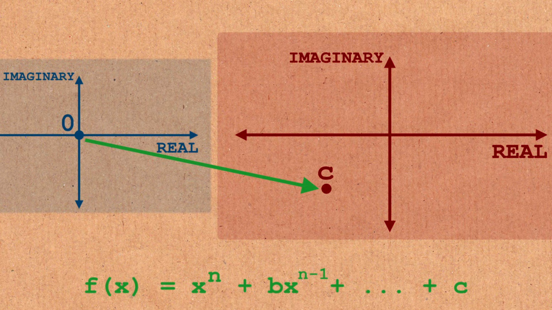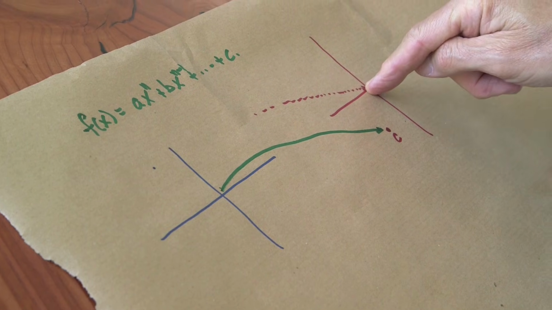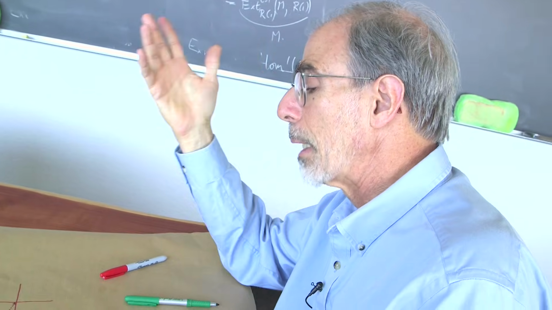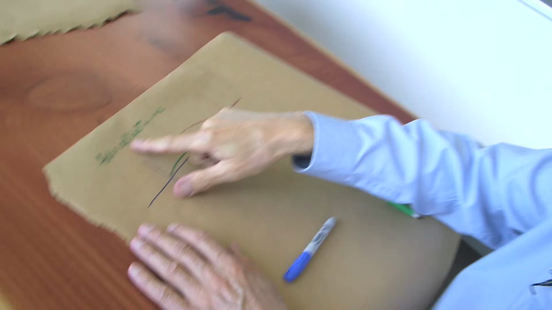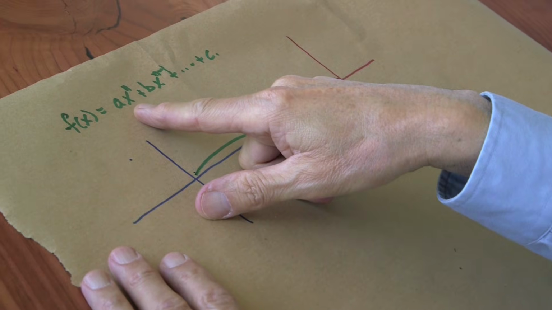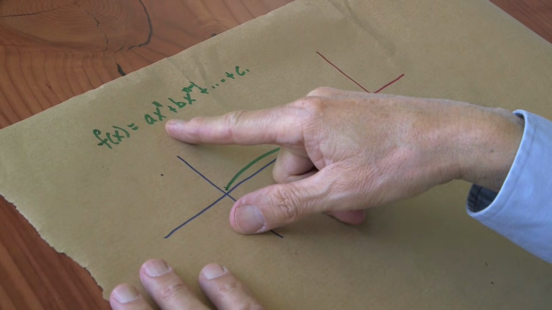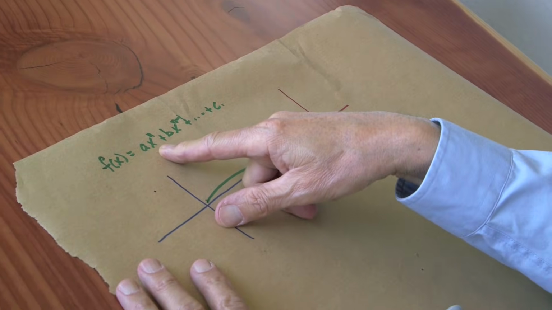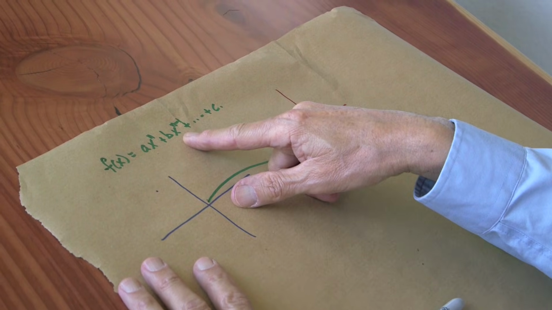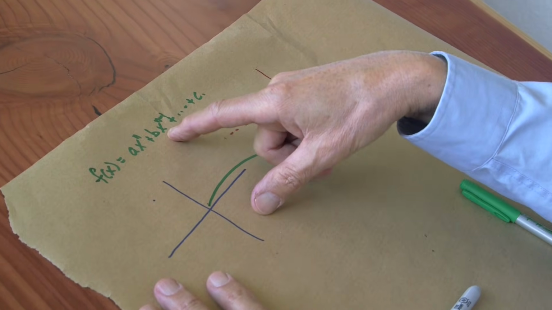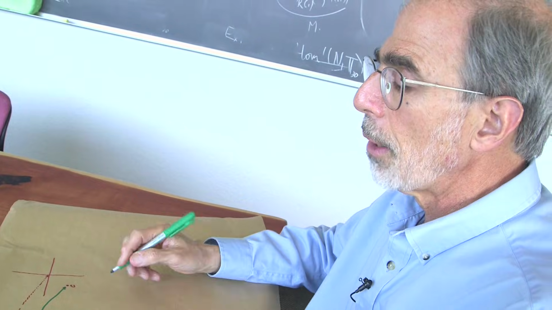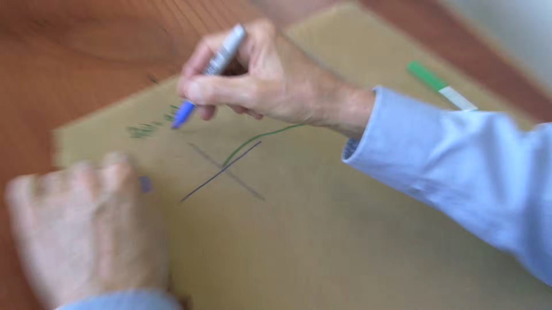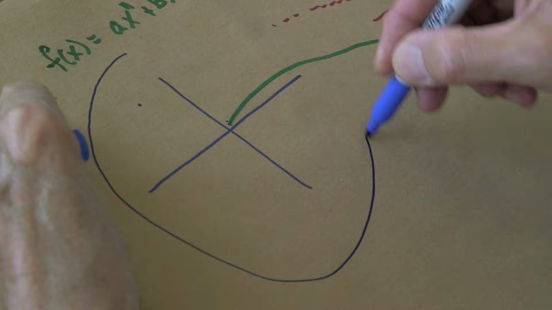Now that's not terribly helpful because I wanted to get a point to go to 0, not to go to c. So what else do I know? I know that just as before, if I take x to have enormously large magnitude, then x to the n will have that magnitude to the nth power. That'll be much, much bigger than x to the n minus 1. So for really large x's, x is way out in a big, big circle around this.